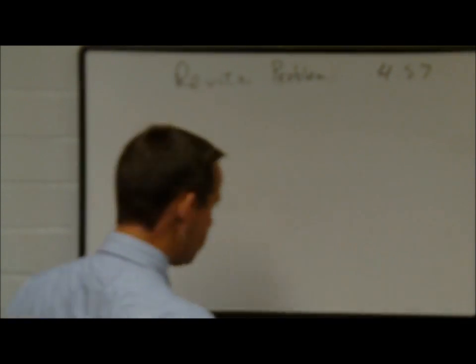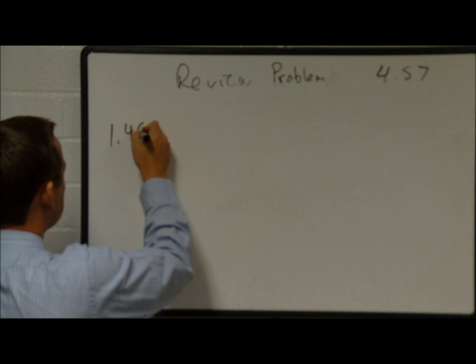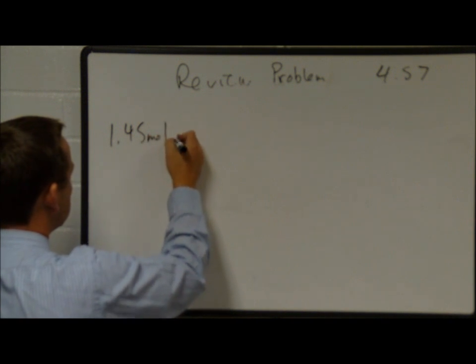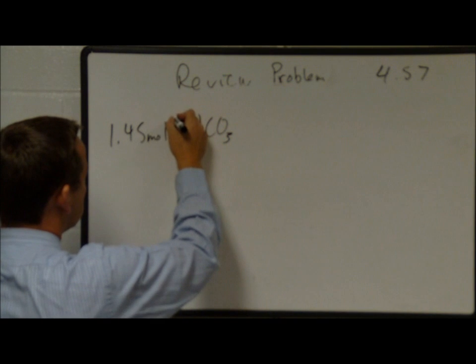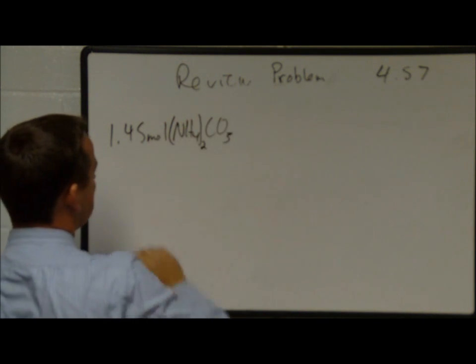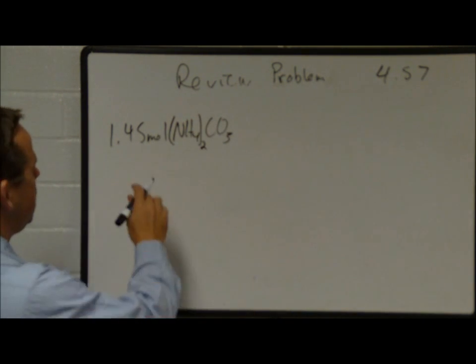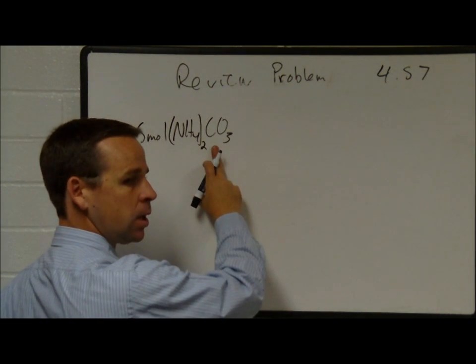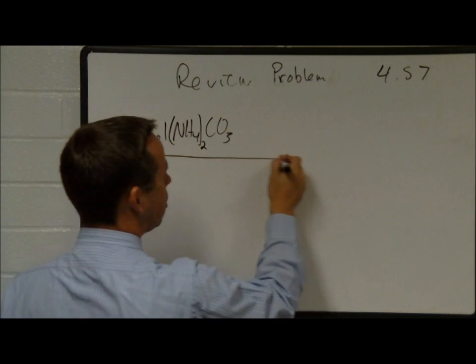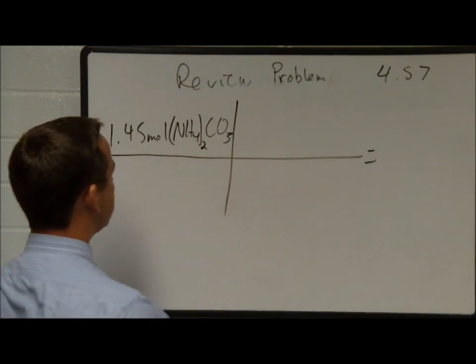1.45 moles of ammonium carbonate. Okay? Ammonium carbonate, ammonium ion, carbonate ion. Ammonium ion has a +1, carbonate ion has a -2, so that's the formula for ammonium carbonate.